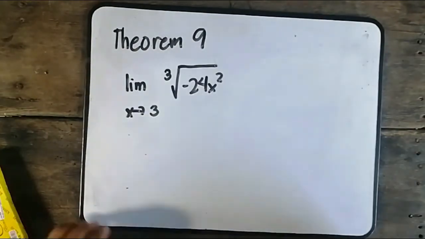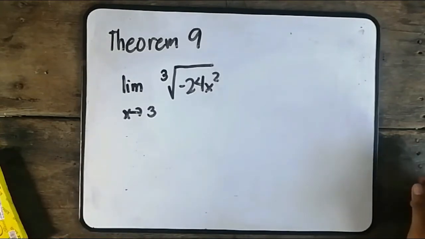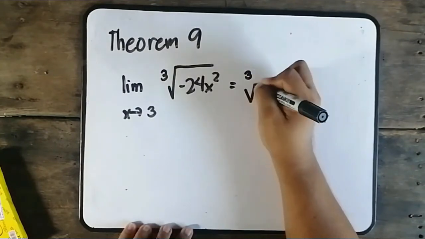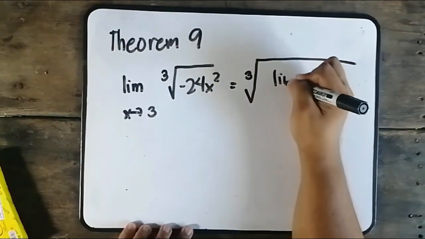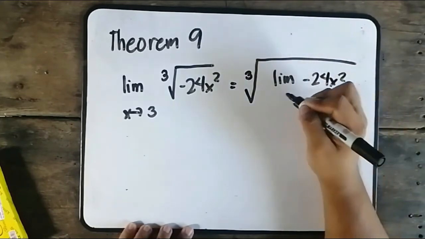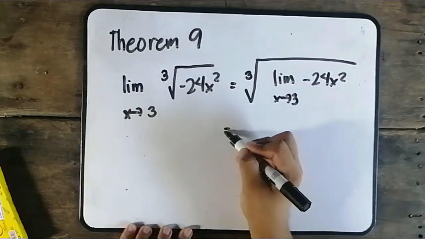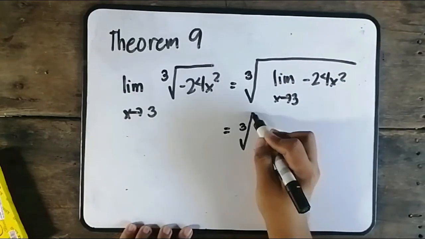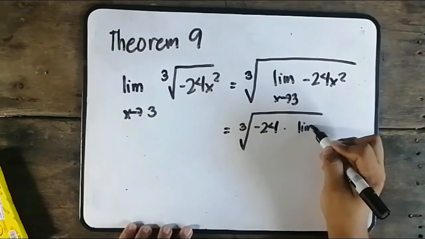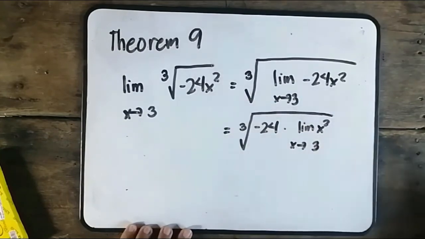So consider the example, the limit of the cube root of negative 24x squared as x approaches 3. So pwede nating ilabas cube root of the limit of negative 24x squared as x approaches 3. So this becomes the cube root of negative 24 times the limit of x squared as x approaches 3.